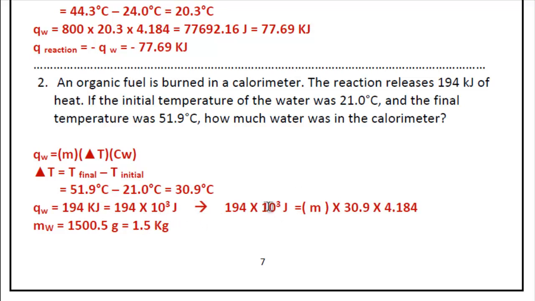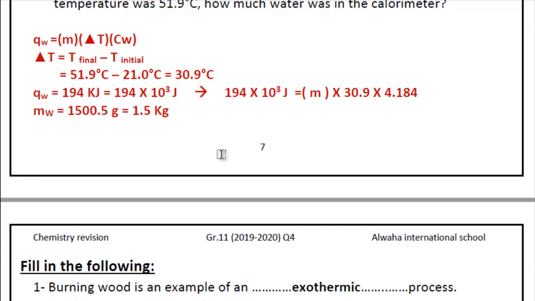So the heat for water equals M, this is the mass that we want to calculate, times 30.9, the difference in temperature, and 4.184, the specific heat of water. So the mass will equal 1500.5 grams. We will divide it by 1000, it will be 1.5 kilograms. This is the mass of water in the calorimeter.